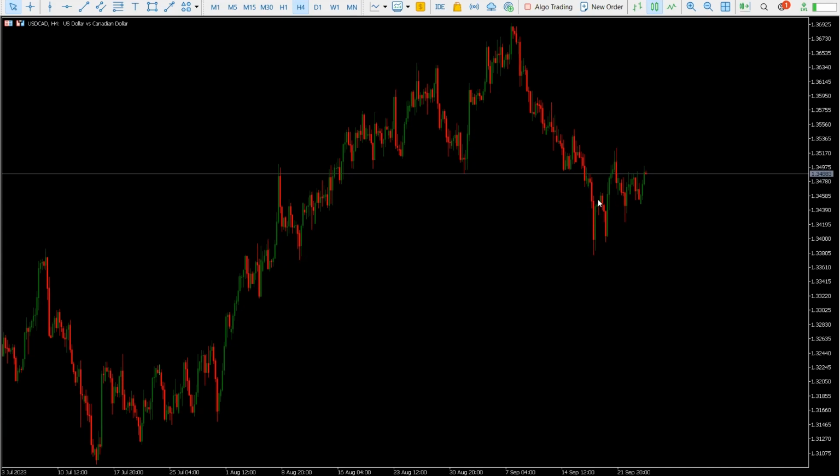The majority of movement in the Canadian dollar this week is likely to depend on the movement of the US dollar, right? So as I mentioned in the beginning, we have the US dollar and Canadian dollar as friendly, right? So US and Canada, they are friend partners, I would say, and they help each other. But when the US dollar is going up, the Canadian dollar is going up as well.